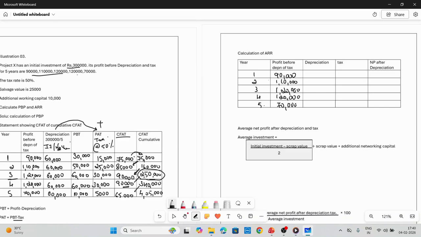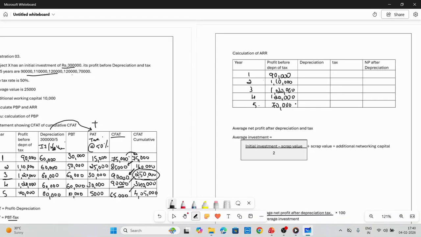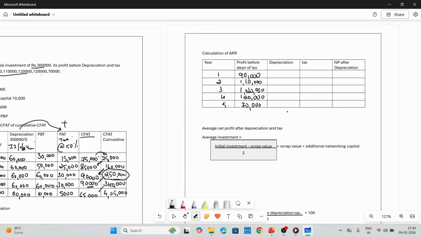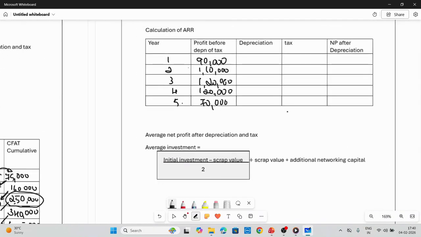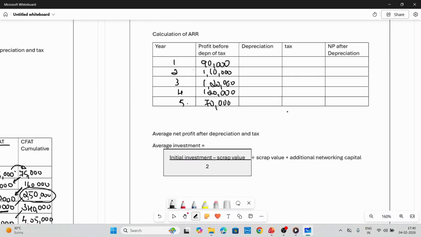Now let's calculate depreciation. Depreciation is nothing but initial investment minus scrap value divided by number of years. So what's the initial investment here?